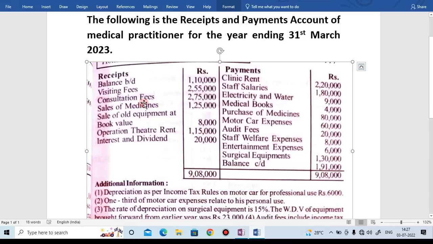Next is consultation fees. Consultation fees is also related to the medical field, because whenever the doctor gives some advice or treats the patient, he charges some fees, and that is nothing but consultation fees. So the consultation fees amount is 2,75,000 and it is related to professional receipts.